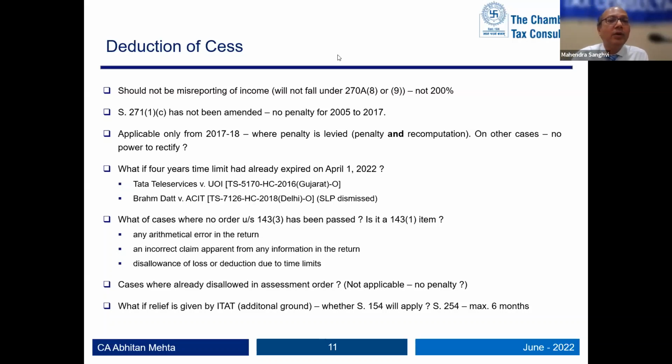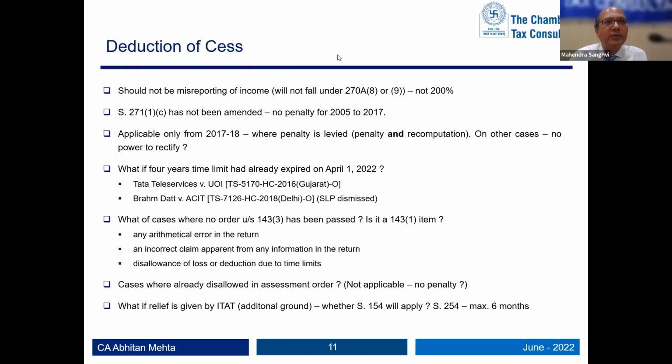Coming to your point of 143, the only 3 items that you have chosen, that for 154, if it's a mistake apparent from record, then do we have to see these three conditions? You can answer that a little later. So that is one point, which I think you need not look to these conditions.